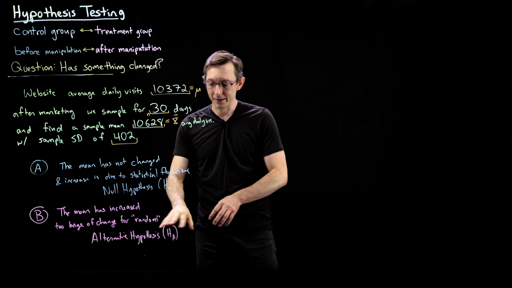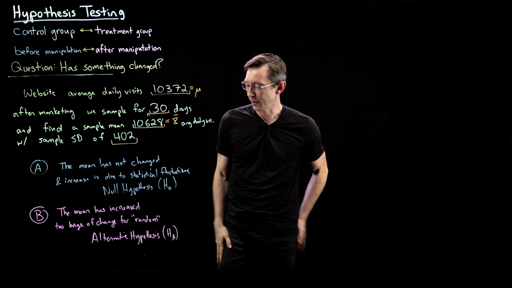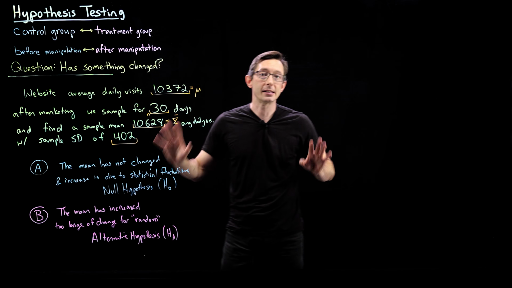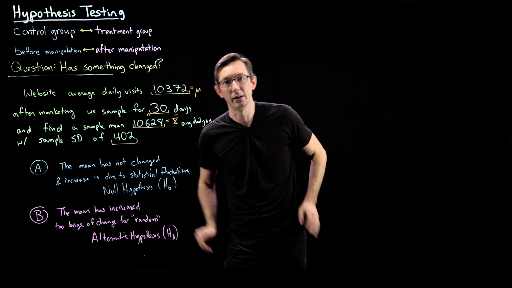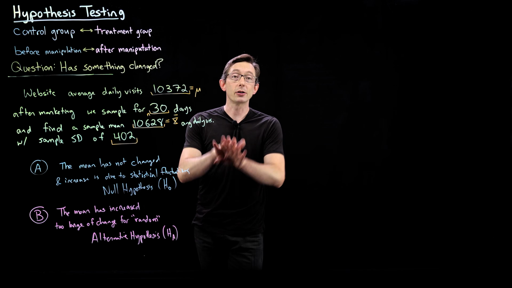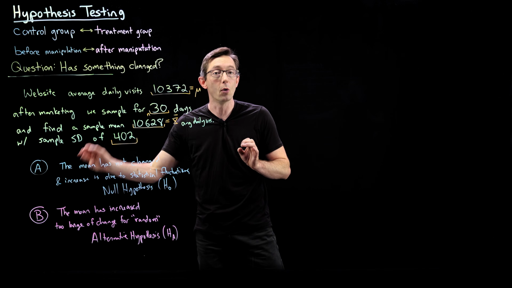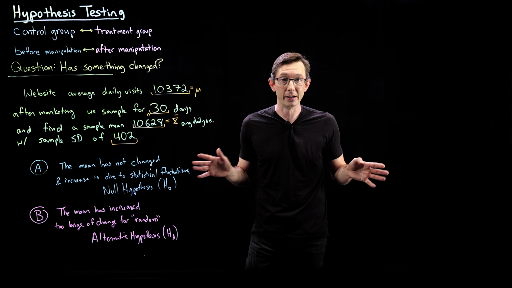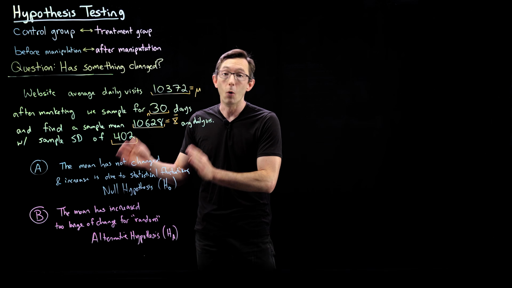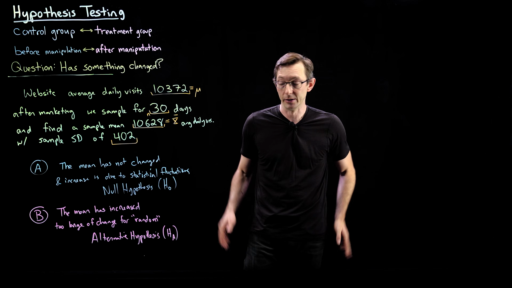Anyway, there are two hypotheses, a null hypothesis and an alternative hypothesis. And these are complementary sets from a probability standpoint. Either nothing has changed or something has changed. Those are the two possibilities.